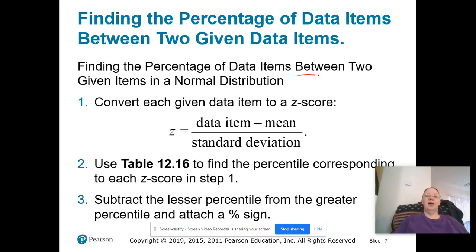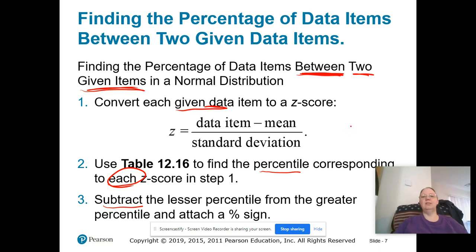If we need to find between two different items, then what we're going to do is convert each data item to a z-score. So we're going to have two different z-scores. We're going to look at the percentile for each z-score, and then we're going to subtract.